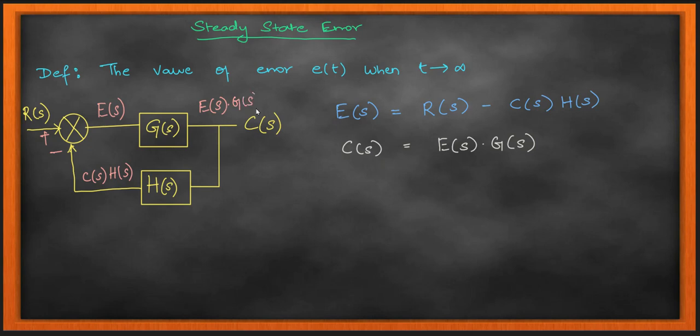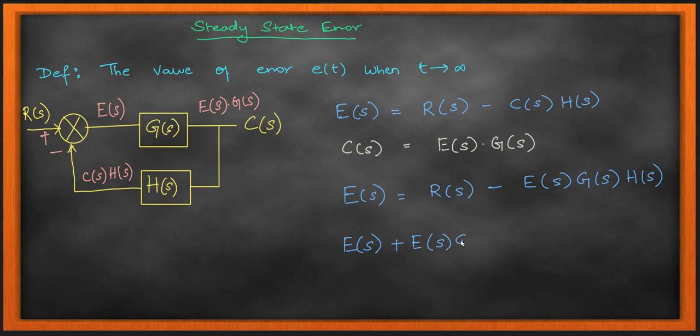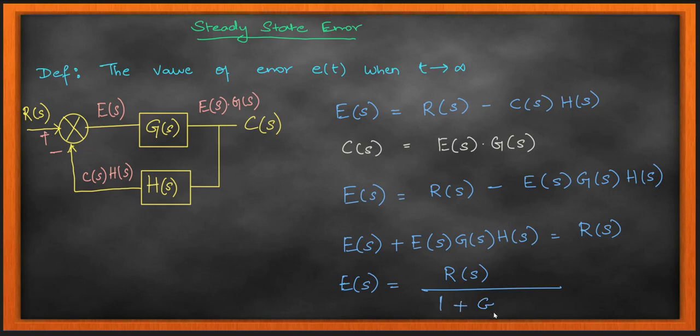Substituting this C of S back into my first equation, I get E of S is equal to R of S minus E of S into G of S into H of S. Okay, now that simplifies: E of S to one side and R of S to the other side, and that is further simplified to give my E of S to be R of S divided by 1 plus G of S into H of S. Done.